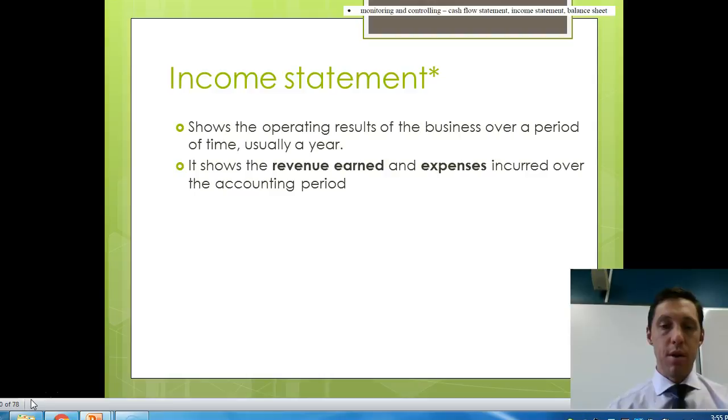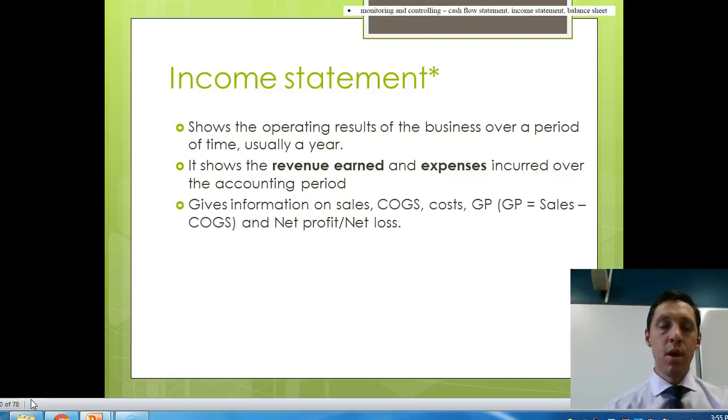And those effectively relate to the revenue earned by the business in the form of sales and the expenses incurred by the business. So it gives information on sales, the top line in your income statement. So how much in terms of dollars did we make in sales for the business over the defined period of time, which is generally 12 months.